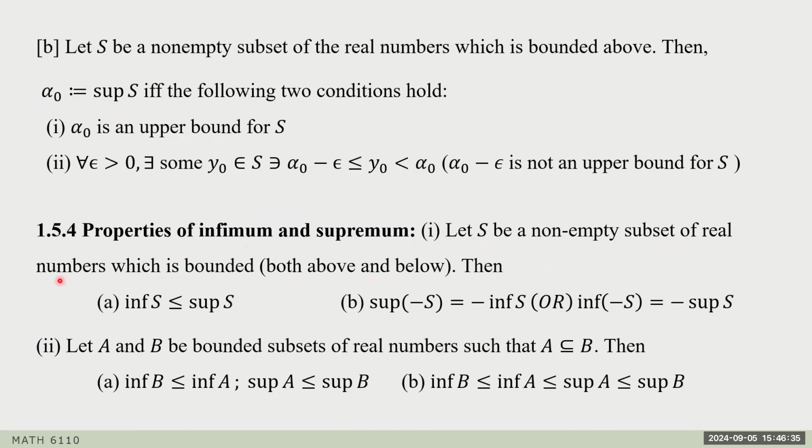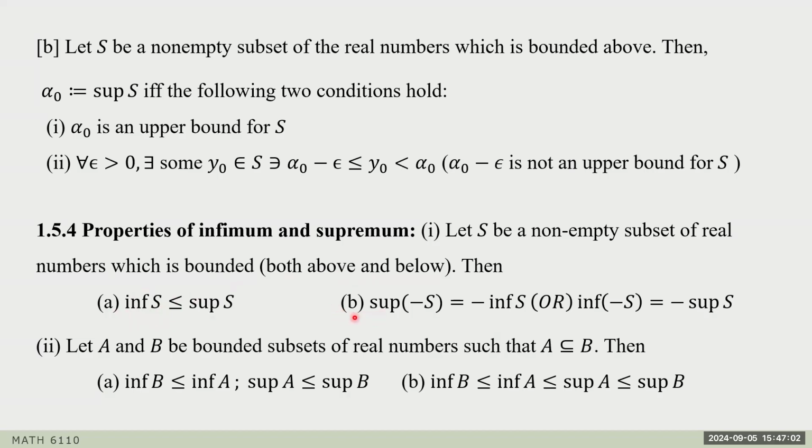Since we are in the real numbers and this set S is bounded above and below, then we know that by the completeness property of the real numbers, it has a supremum and it has an infimum. So the first condition is something that should be kind of obvious, that the infimum of a set is always less than or equal to the supremum of that same set.